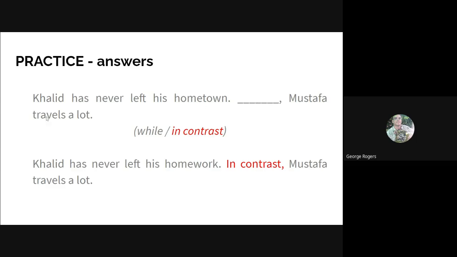Blank, Mustafa travels a lot. So 2 sentences, we're looking for transition, and so that would have to be, while is for subordinators, so in contrast. Khalid has never left his hometown. Little mistake there. In contrast, Mustafa travels a lot.